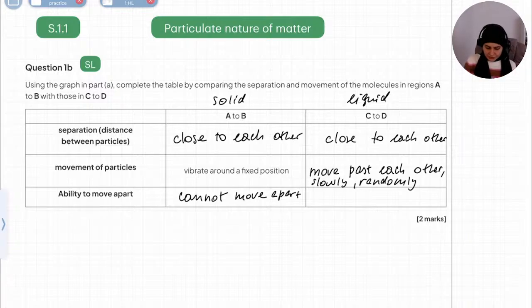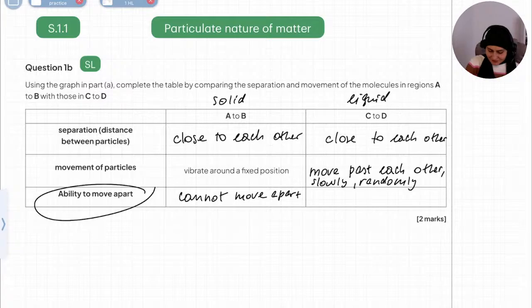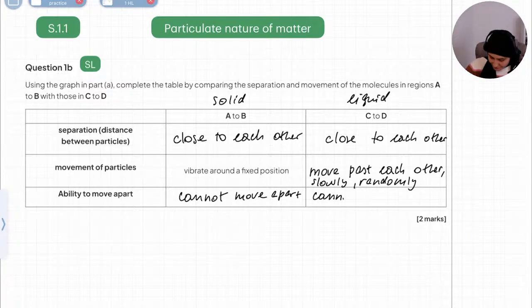This is actually a weird thing to ask, to be honest. But let's say they cannot move far apart, but they can move apart a little bit.